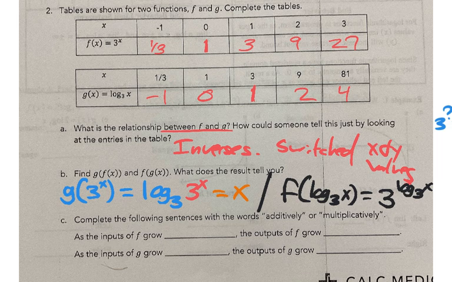So what is the answer to this question? Looking here, which part of this is the answer? 3 raised to what power is x? The answer would be whatever this question mark is. That's the thing I'm trying to find.